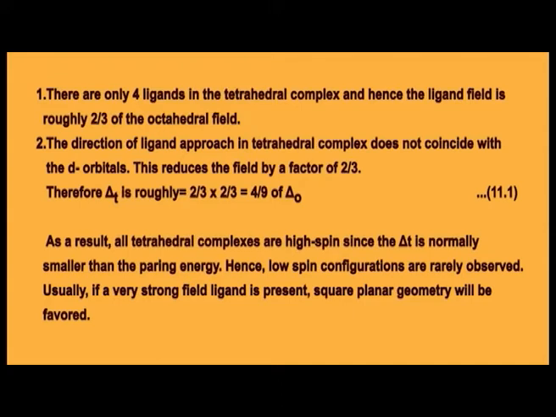Therefore, delta T is roughly equal to 2/3 into 2/3, equal to 4/9 of delta O. As a result, all tetrahedral complexes are high spin, since delta T is normally smaller than the pairing energy. Hence, low spin configurations are rarely observed. Usually, if a very strong ligand field is present, a square planar geometry is favored.